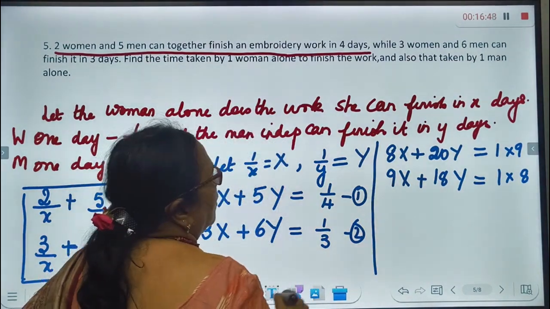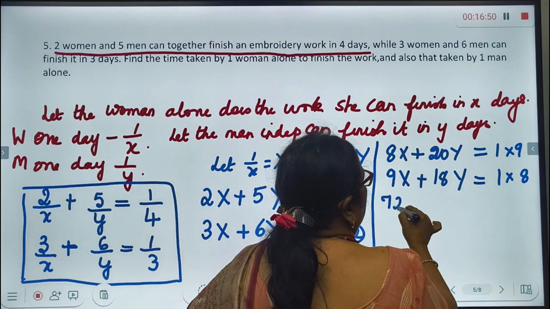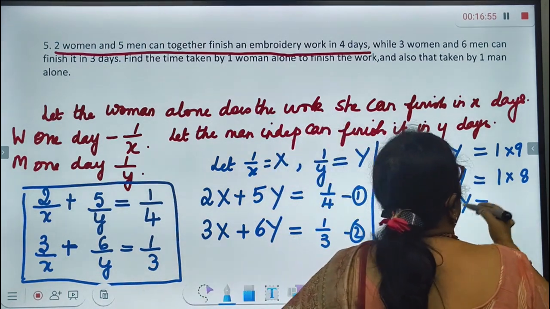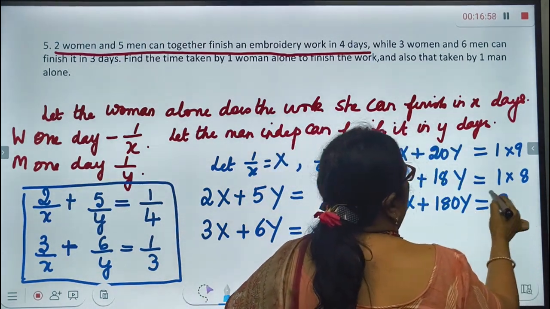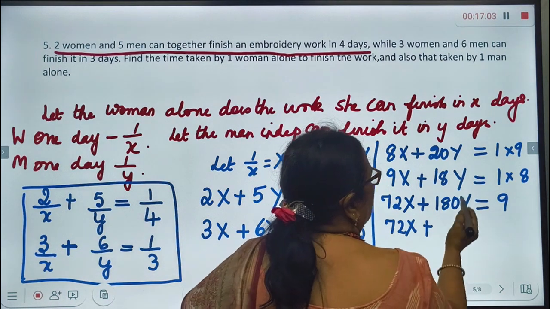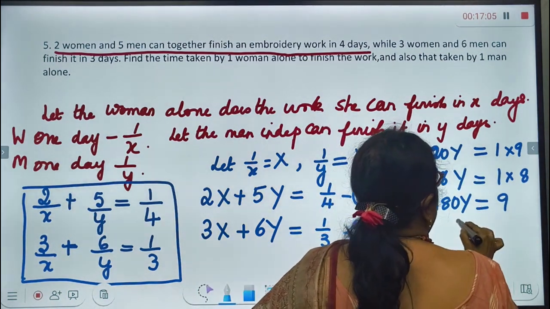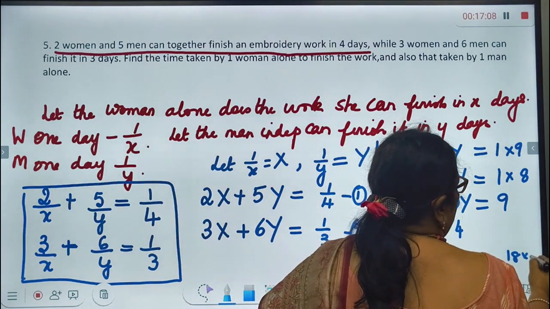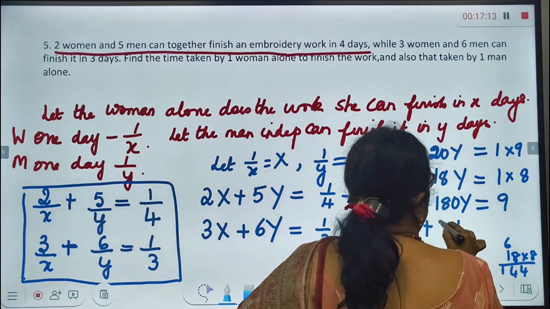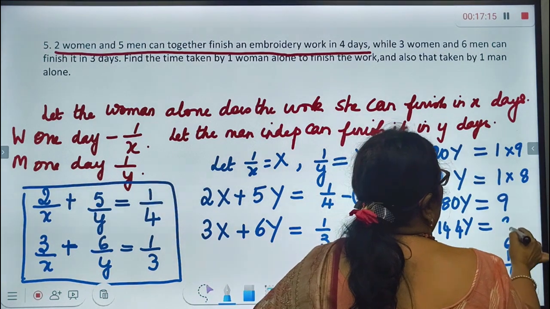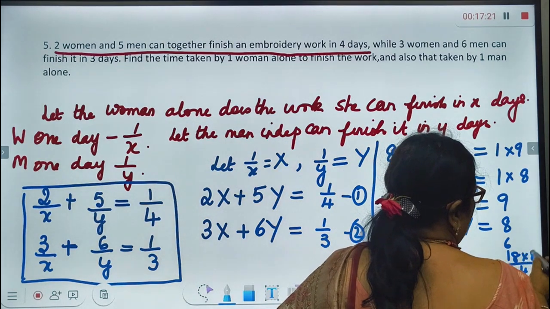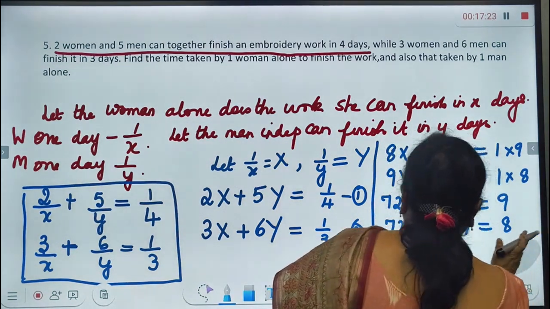So what will you get? 72X plus 180Y equals 9. And this will be 72X plus 18 into 8, 144Y, equals 8. 18 into 8, 144. Okay, now you subtract.